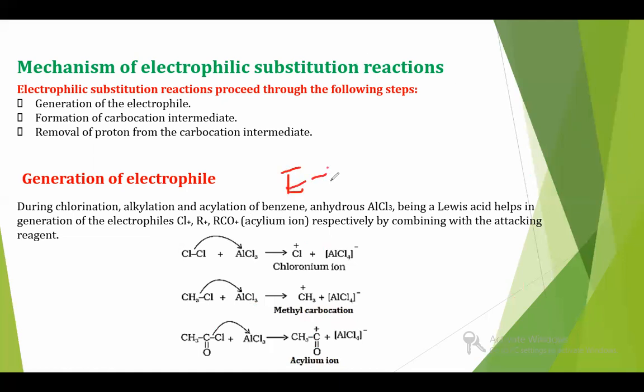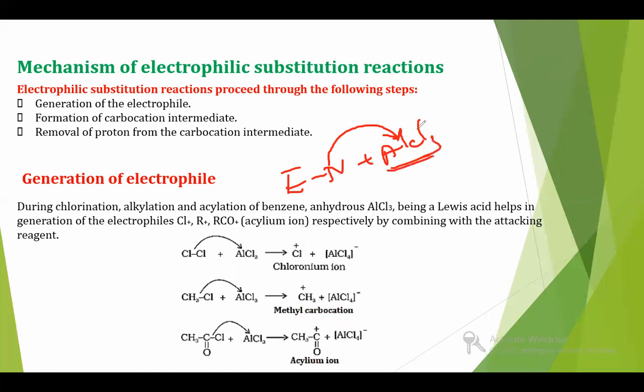E N is a reagent, for example Cl-Cl. If the electrons shift to one side when we use a catalyst like AlCl3 or FeCl3, it will drag an electron towards itself.